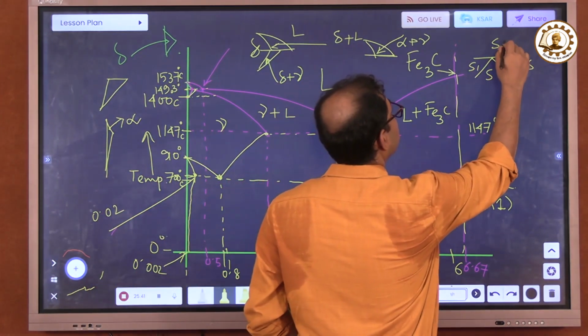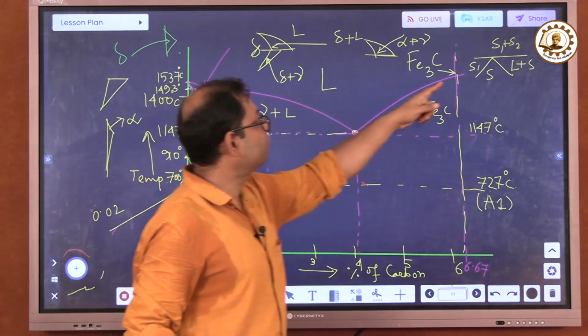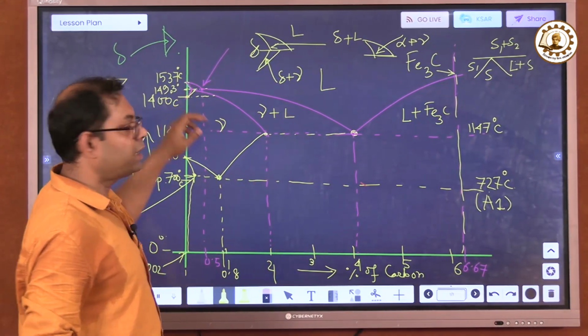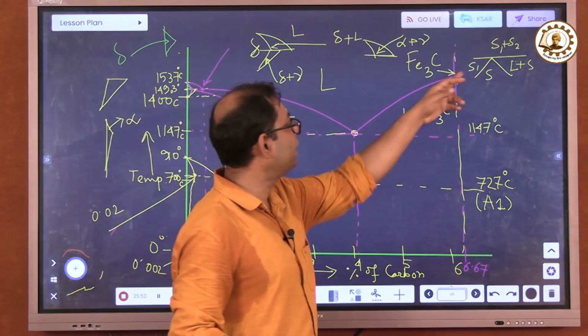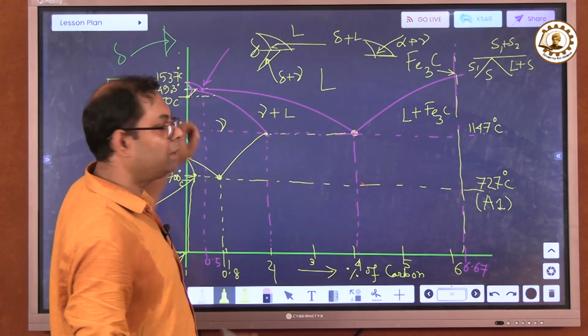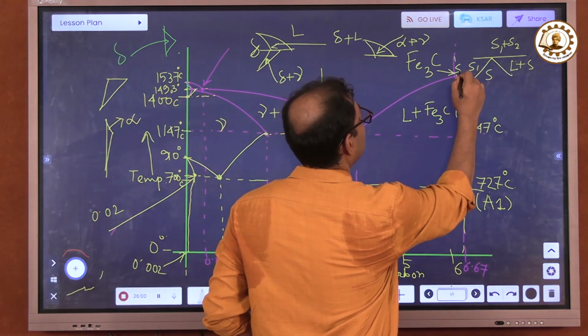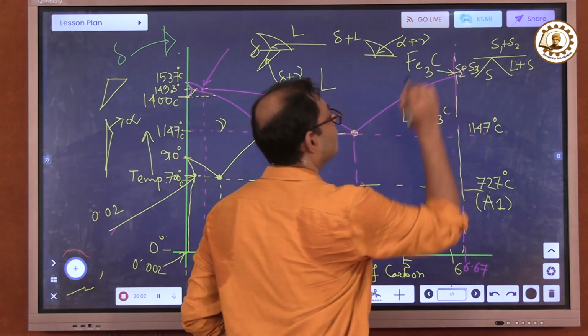So S1 plus S2 you will find above this line, and it is producing a particular type of solid over here. We can call it gamma plus alpha. So it is producing S2 plus S3.